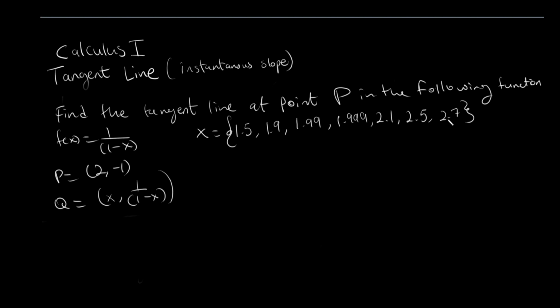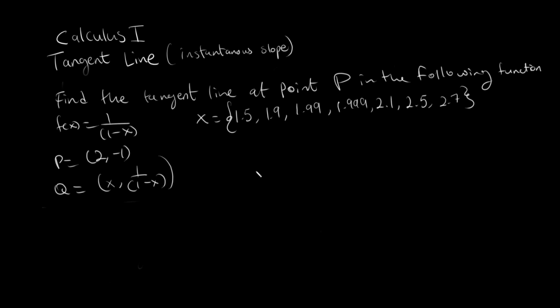For now, that will do. Just going to write this function for you guys to remember: this is a slope, and the slope is basically a tangent line at one point. To find the instantaneous slope, we're using this equation.